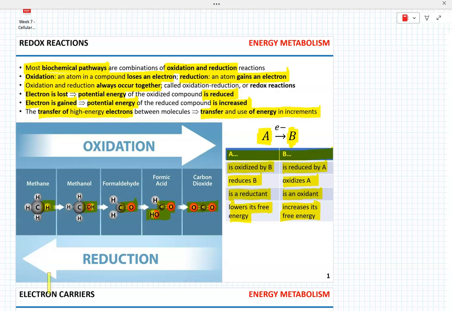If you read these 5 reactions from left to right, you're looking at the processes of oxidation. If you go from right to left, you're talking about reduction.